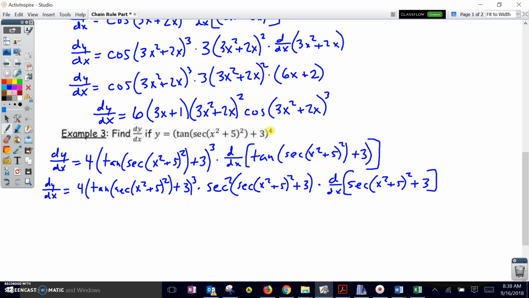Alright, charging forward. I have all this stuff that I just need to recopy here. Am I missing a parenthesis there?